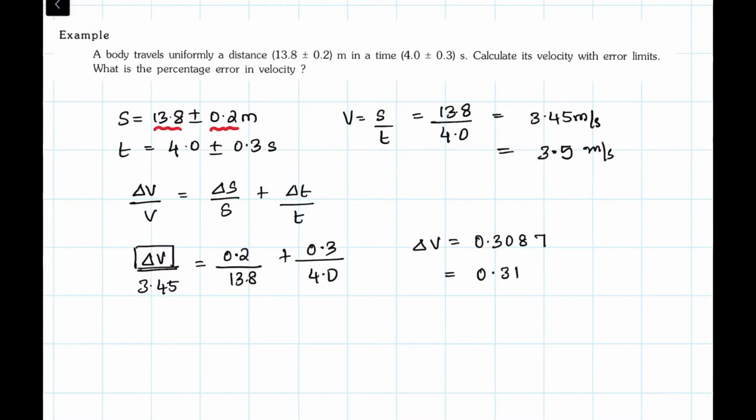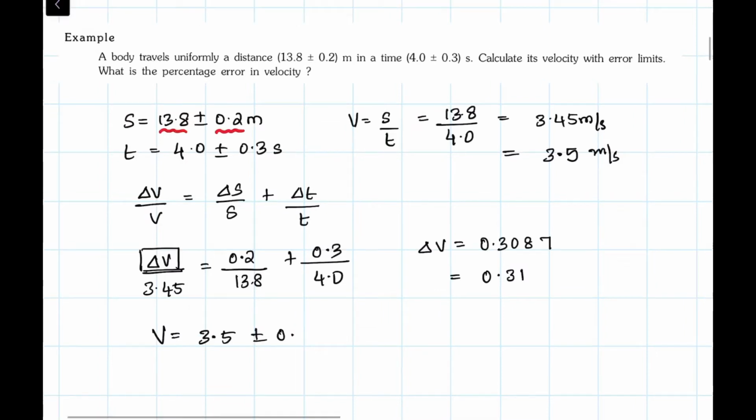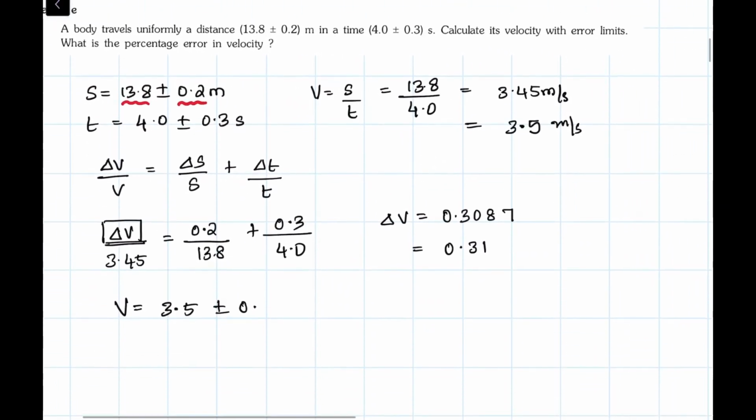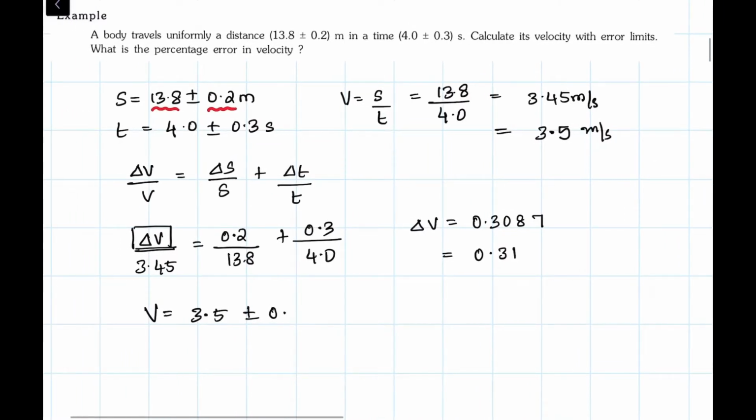And the final answer, how will you write velocity now? 3.5 plus or minus 0.31. That's how you should write the velocity, plus or minus 0.31 meter per second.